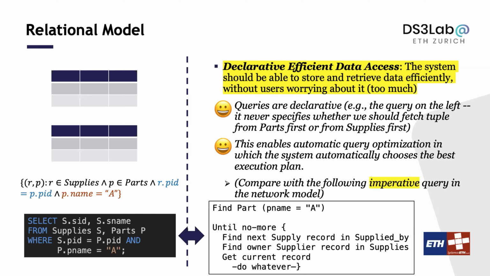It's also declarative, in the sense that I specify at a really high level the properties of the data I want, and the system tries to automatically find an efficient way to implement that for you. That's what we want to achieve, and that is why it could be enabled by the relational model. But on the other hand, it also makes it much more difficult to build such a system, so we are going to talk about that in this course.